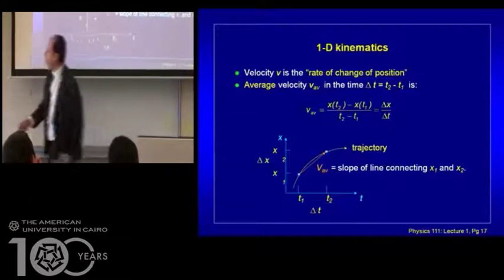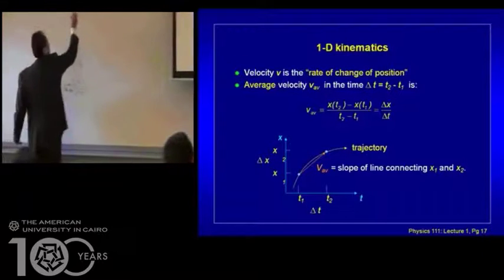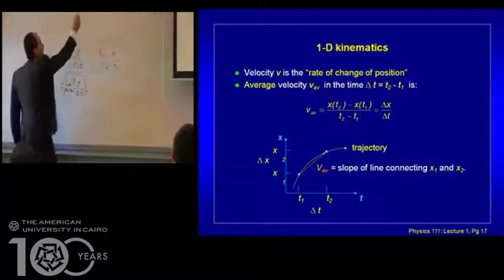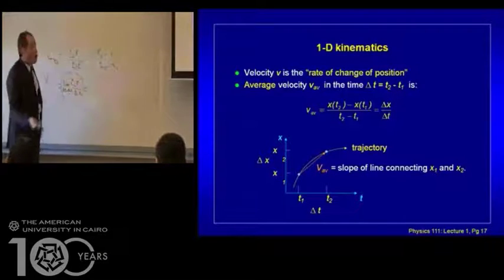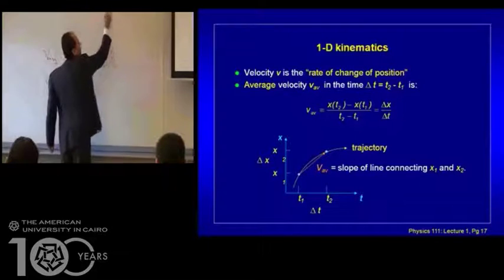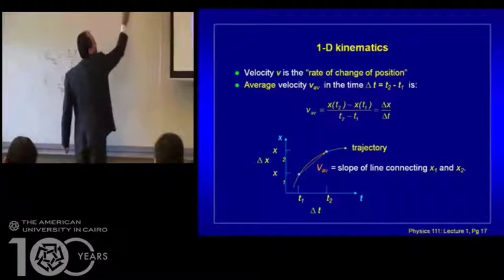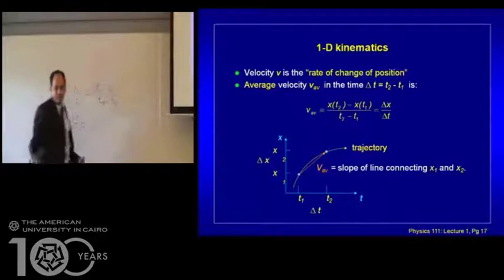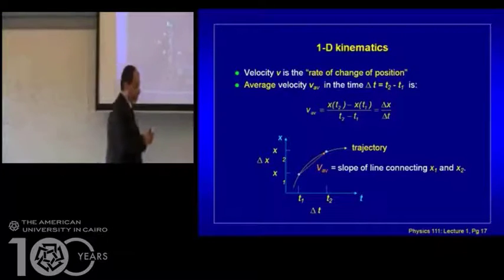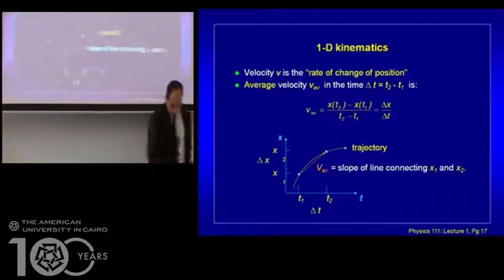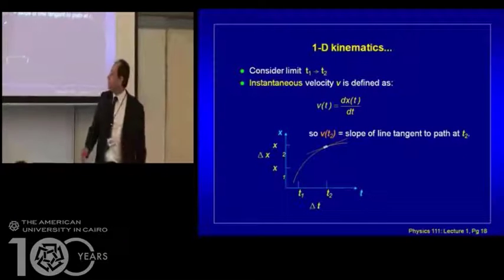So if I write it, that's how I read it: the position at time t2. Or I write it that way, which is equivalent to position at time t2. Same thing.